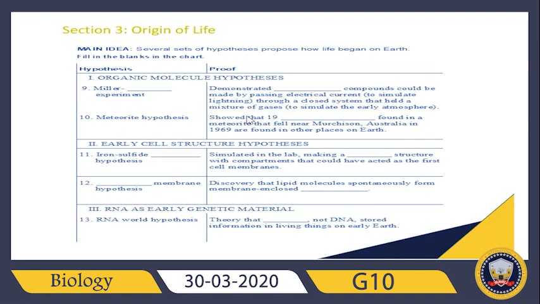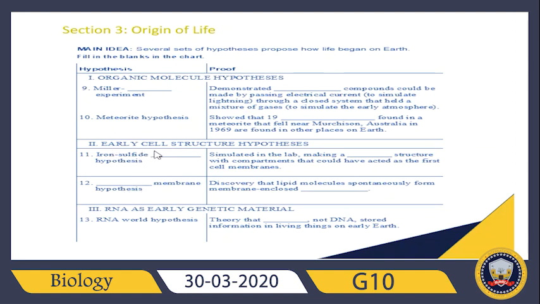It showed that 19 amino acids found in a meteorite that fell near Murchison, Australia in 1969 were found in other places on Earth. But the second hypothesis, the early cell structure hypothesis, we discussed the iron sulfide bubbles hypothesis and the lipid membrane hypothesis.